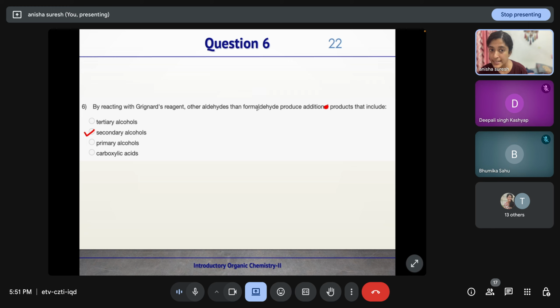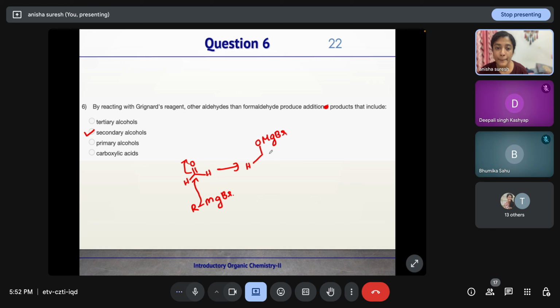So if we consider the case of formaldehyde, it is like H double bond O, H. Okay, and Grignard's reagent is represented by RMgBr. So here it can add on to the carbonyl carbon, resulting in the formation of HOMgBr. This oxygen will abstract this MgBr.